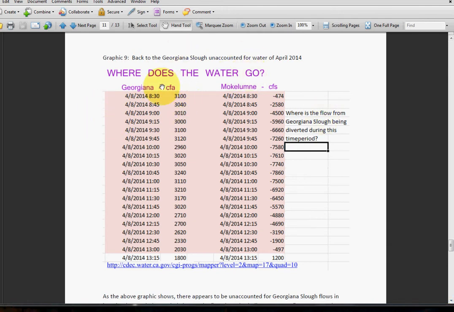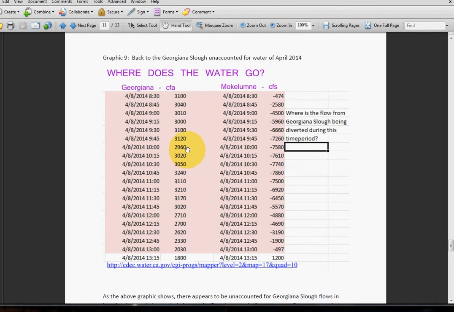This is from this website here. This is the California CDEC site. This is just one little section where you look at this time frame on the 8th of April 2014.